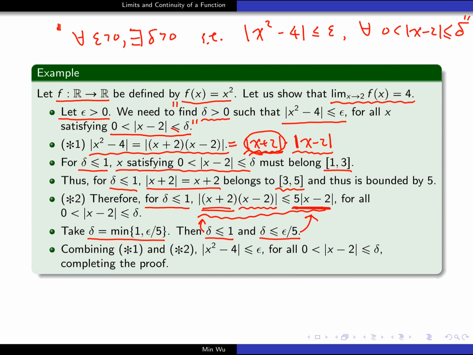Alright, because delta is less than or equal to 1, this argument follows from here.